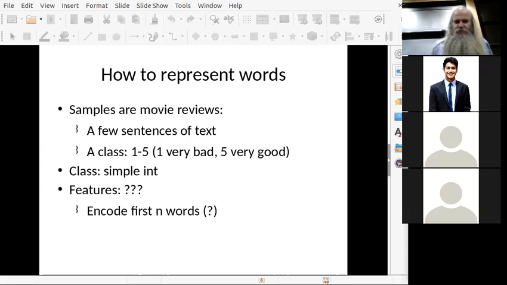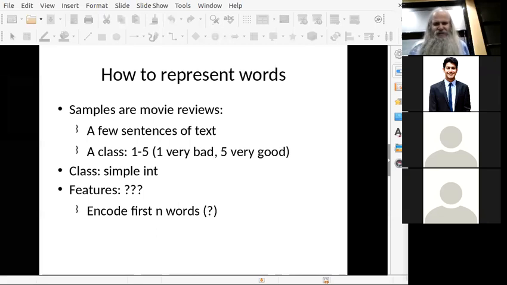Now, it might be that 1 is worse than 5 and 4 is worse than 5, but is the distance between 4 and 5 the same as twice the distance, the double distance, when you have 3 to 5?